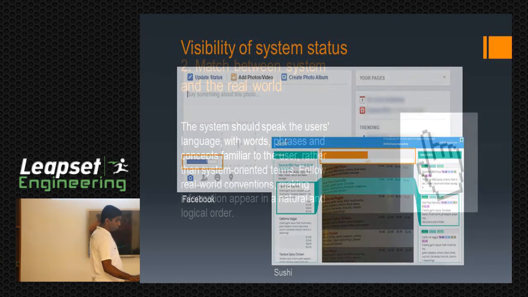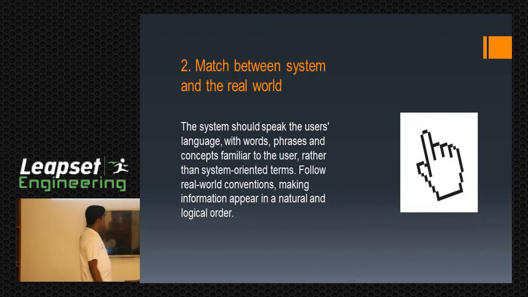So what is the second principle? Match between system and the real world. This is real simple to understand. This says use metaphors from real life, like in the language or the visual design.